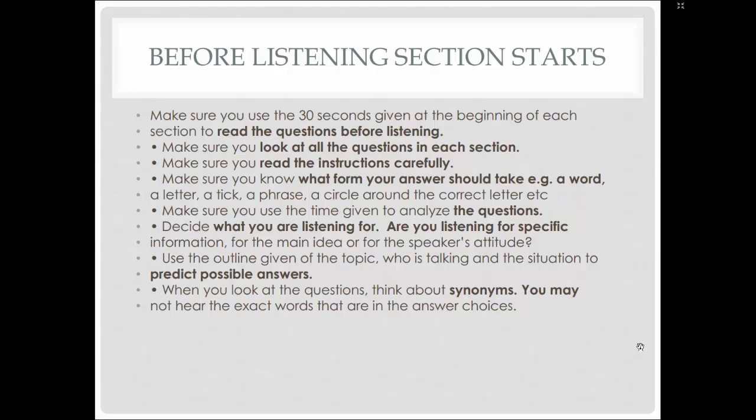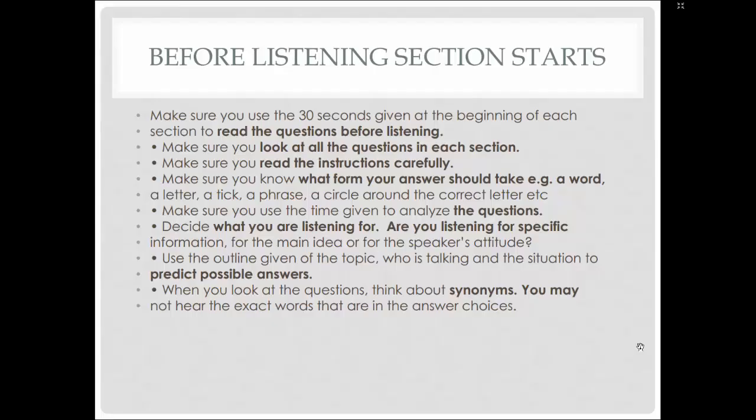So when you have that time in the beginning to look at the questions, it's really important that you look at the questions really, really well. You want to make sure you read the instructions very carefully so you don't make any simple mistakes, and know the form that your answer needs to take.